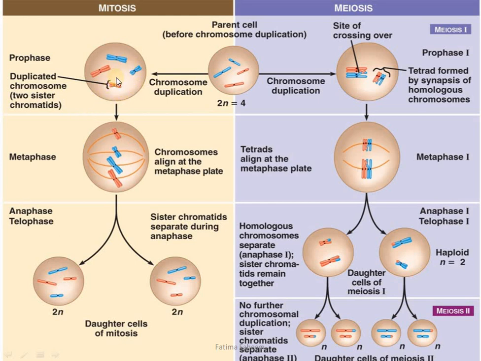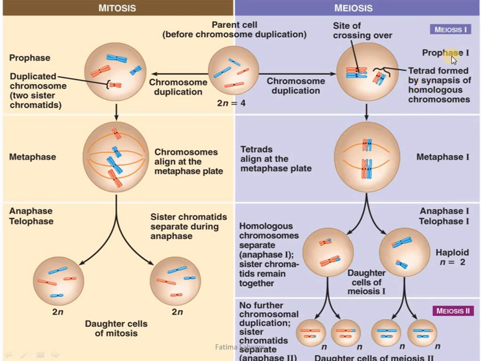The number of chromosomes in the parent cell was 4, and again in the daughter cells the number 4 is maintained. The diploid number is maintained. On the other hand, in meiosis, the parent cell contained 4 chromosomes, but this number is reduced to half, that is 2, in the daughter cells. In each daughter cell, the number of chromosomes is 2, which is half of the parent cell.